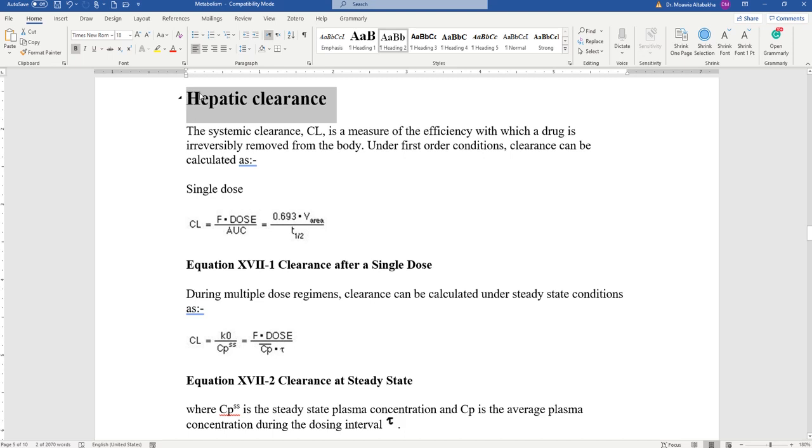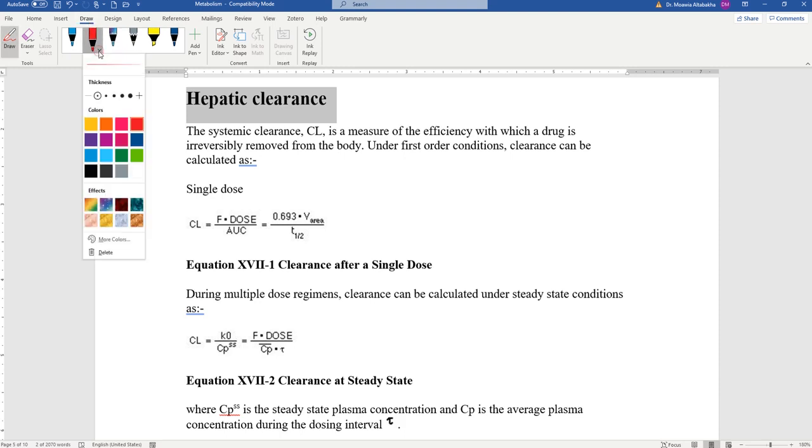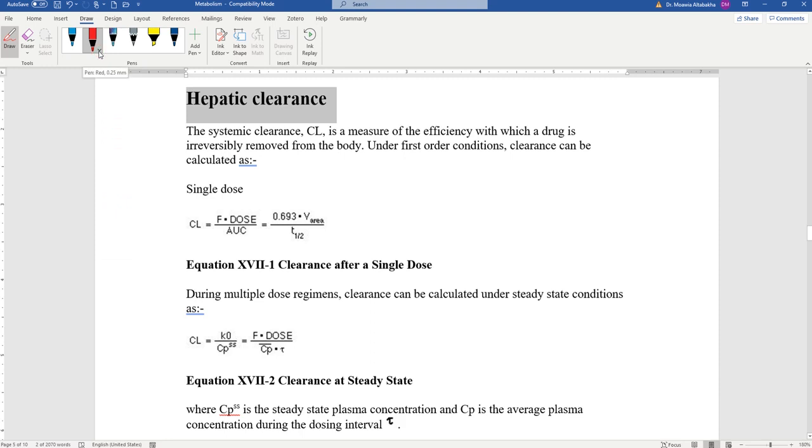I want you to remember how, when we do a dosage regimen, we usually want to reach the steady state, صح, اللي هو steady state, CPSS.